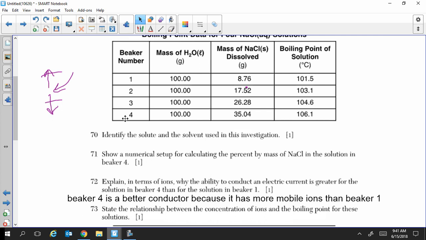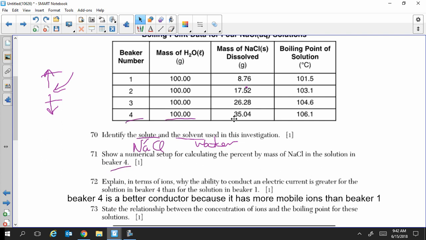All right, so identify the solute and the solvent in this reaction. My solute is what's being dissolved. That's NaCl. And solvent is what you dissolve it in, so that's water. Show a numerical setup for calculating the percent by mass of NaCl in beaker 4. So go over here to beaker 4.